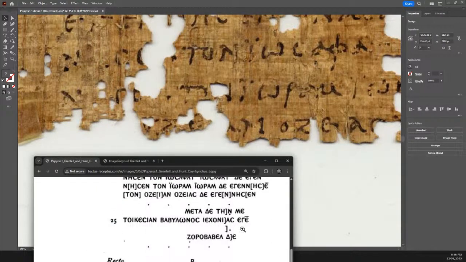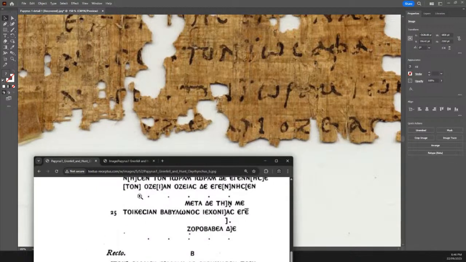Anyway, so the ton and then Ozean. So you can see where you have epsilon there. That looks like a zeta here. It doesn't look like an omicron, but it's so hard because there's so much missing and destroyed there.